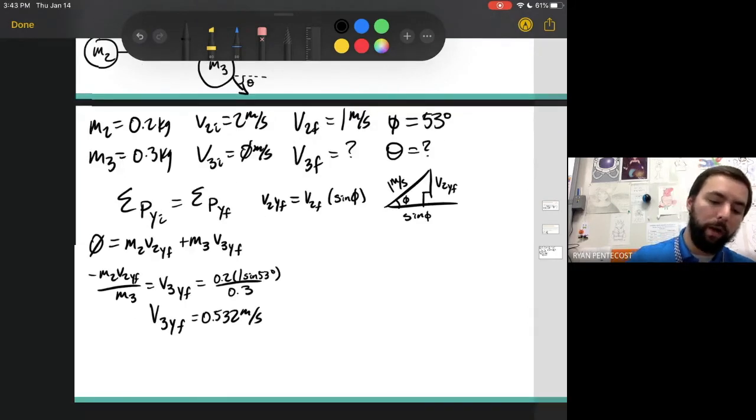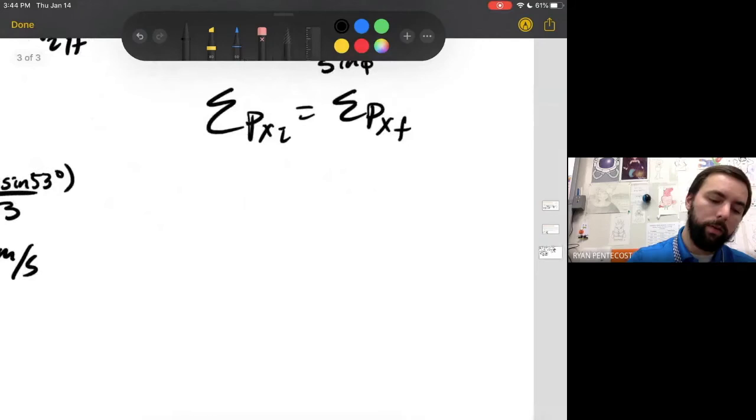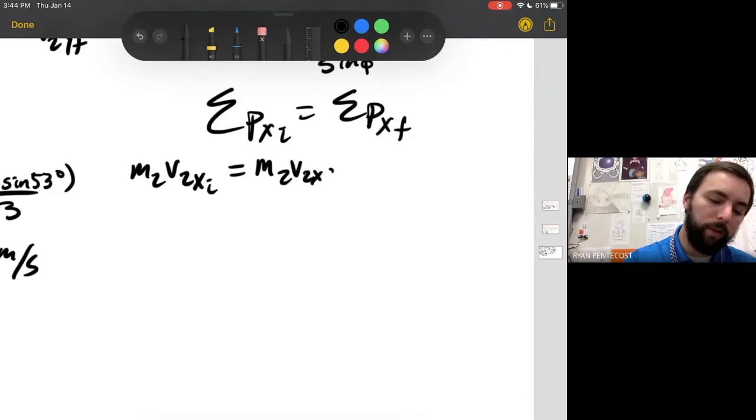So that's in the y direction, right? Then if we want the x direction, that's actually going to take a little bit more work because there is initial momentum in the x direction. M2 is moving in the x direction initially. M3 is not, it's 0, so it doesn't have momentum. So then we have M2 V2x final plus M3 V3x final.